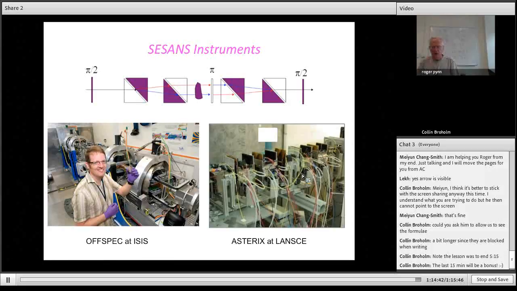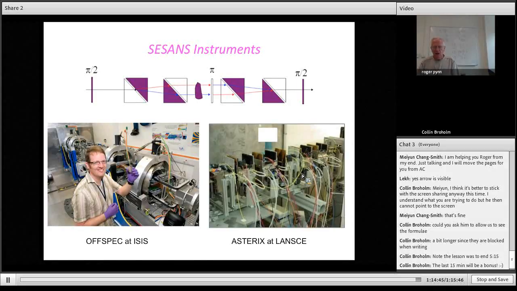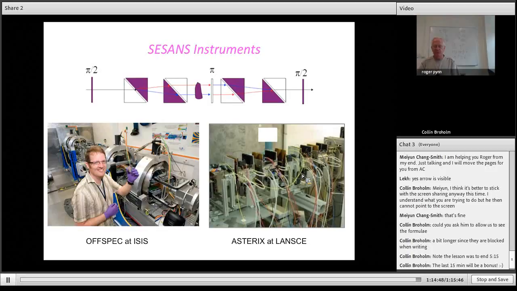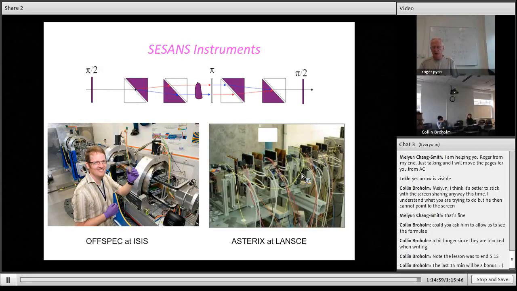In fact, they'll be installed this December, and of course our group has been the only one using Asterix because this is our equipment up until now. But when those dedicated coils are installed, users will be able to do it. And in fact, the first user experiment will be done by some folks from Argonne in December as well. So yeah, things are beginning to come out, especially from the ISIS instrument because it has a full user program.